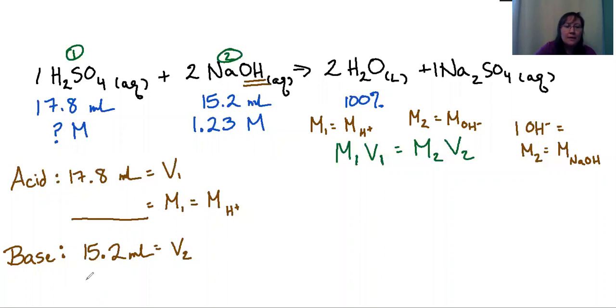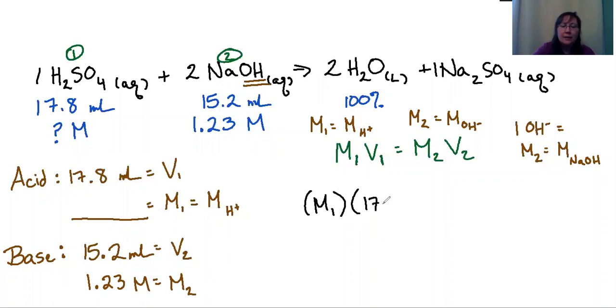Okay, so that means that 1.23 molar is our M2 value. Now we can set this equation up, and we have M1, which we are looking for, times 17.8 milliliters.